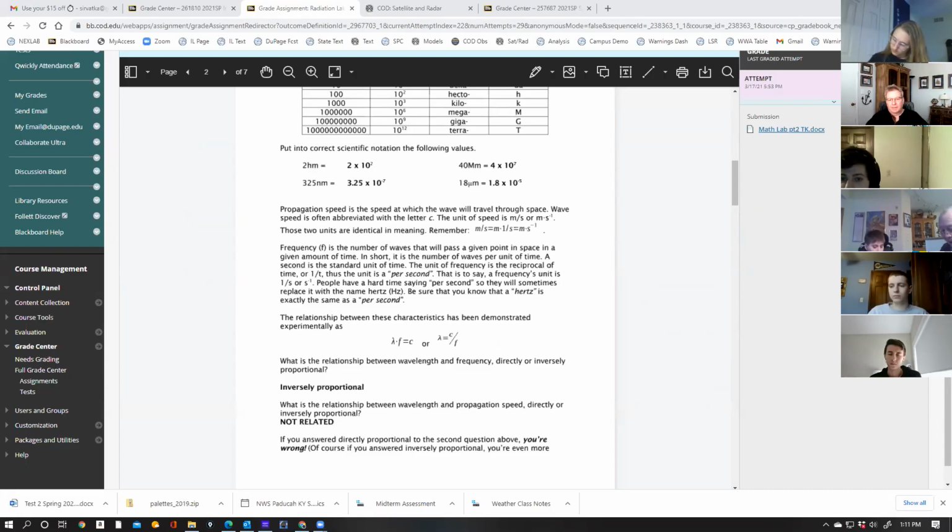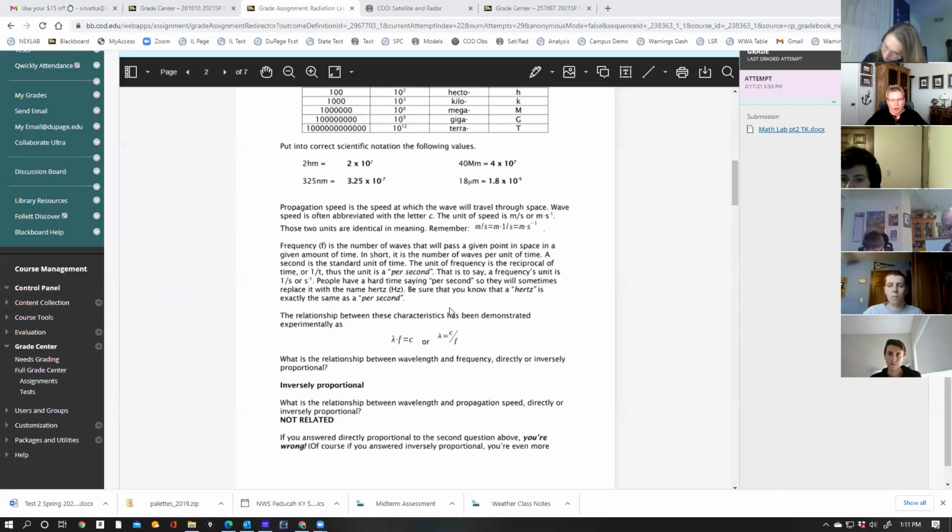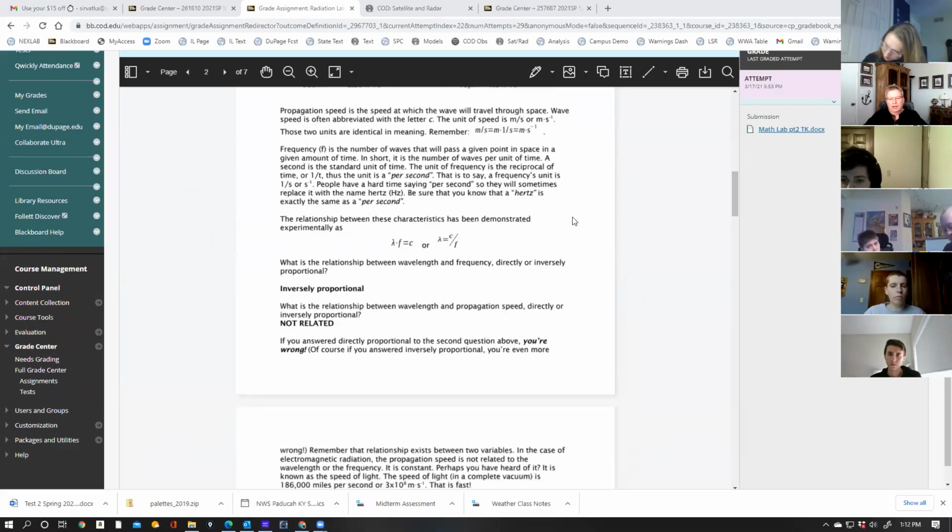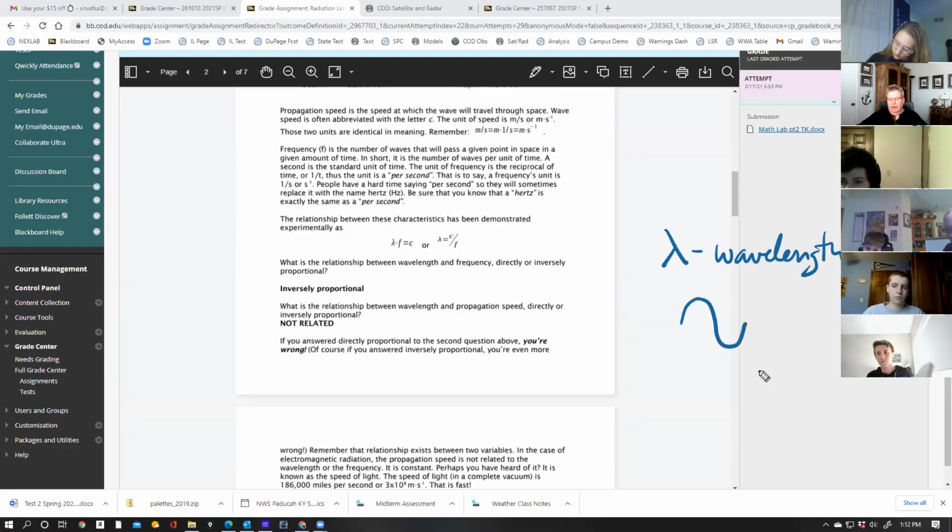Okay. When we go over here, now we're talking about a couple of things, and we did want to say something here, that lambda is a wavelength. And a wavelength is the length of one complete wave.